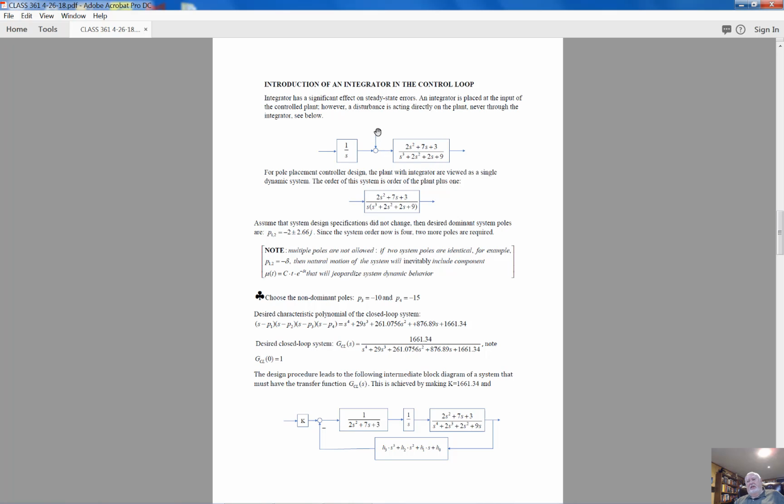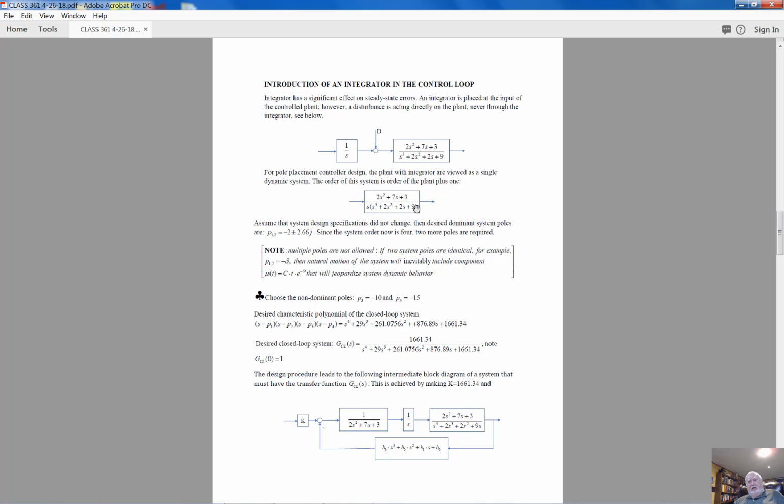Since we forget about the existence of disturbance, we can view this combination of two modules as one modified controlled plant. It's not the real controlled plant, however, we will view this transfer function as the transfer function of the modified controlled plant.